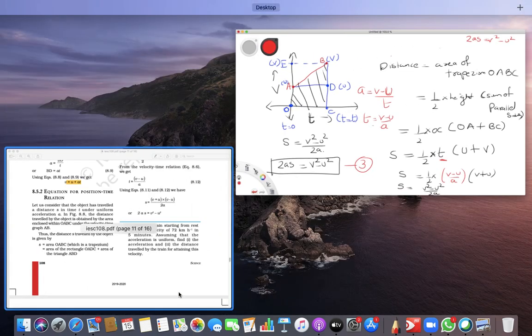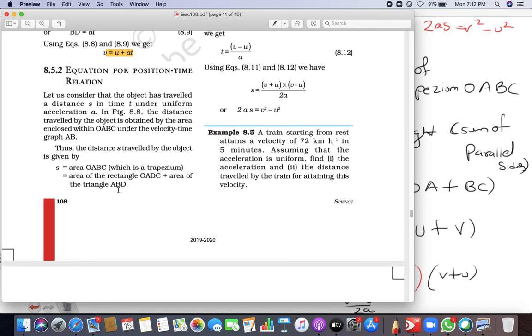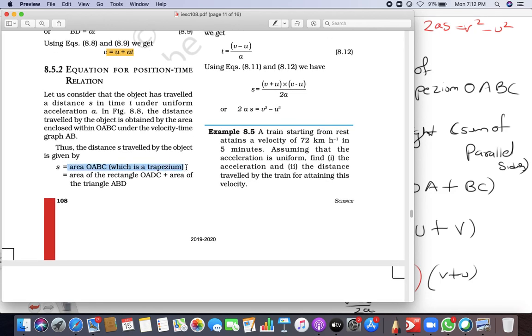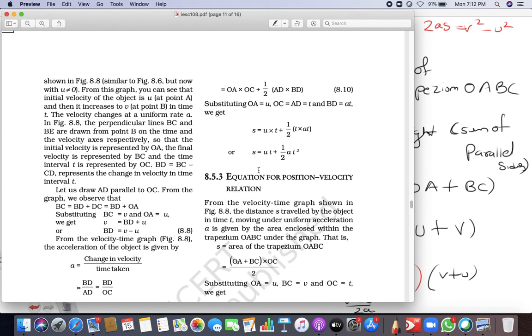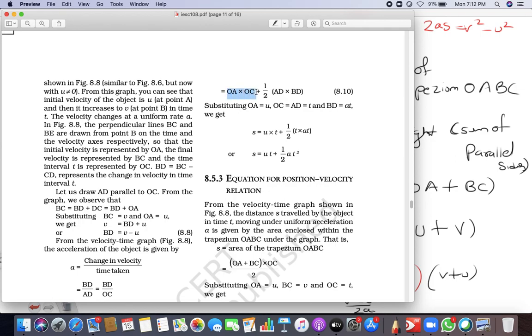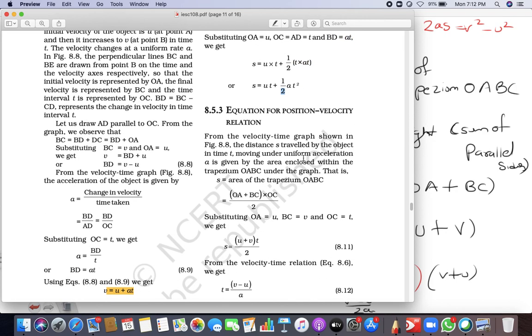Guys, let me show it in the textbook. It is also the same. Can you see here the second equation of motion? OABC, it is a trapezium, so it is a rectangle plus area of triangle. So length into breadth, 1/2 base into height. So UT and AT, right? Remember I told you BD is equal to AT. So S is equal to UT plus half AT square.